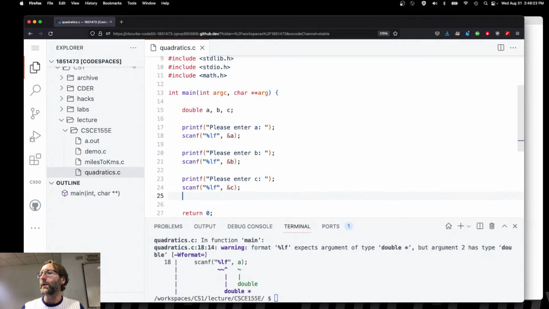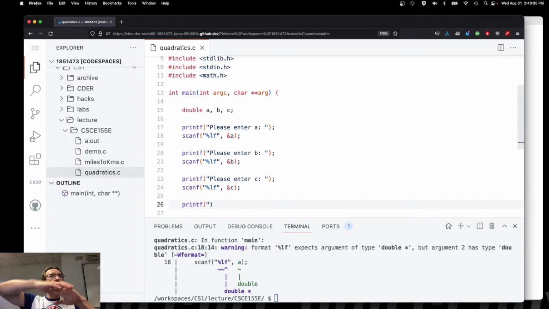All right, great. Let's have an output. What I'm going to do is some iterative development here. I don't want to compute the roots yet. I want to test to make sure that everything that I've done up to this point is correct. Because if I end up writing a big giant program of 1,000 lines of code, and that's the first time I compile it and test it, I might have 50 different errors that were introduced all along the way, and I'm going to have to take care of each one of them individually.